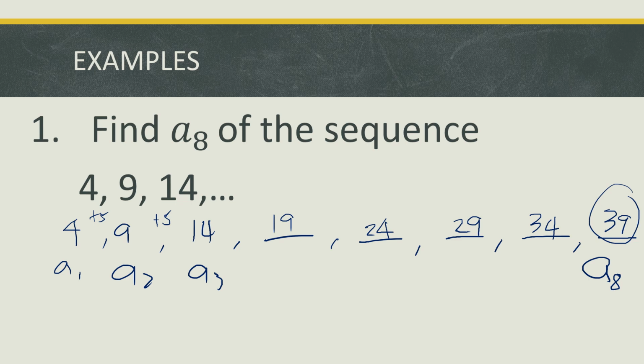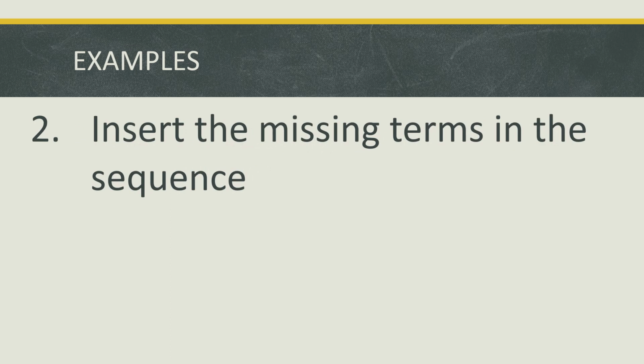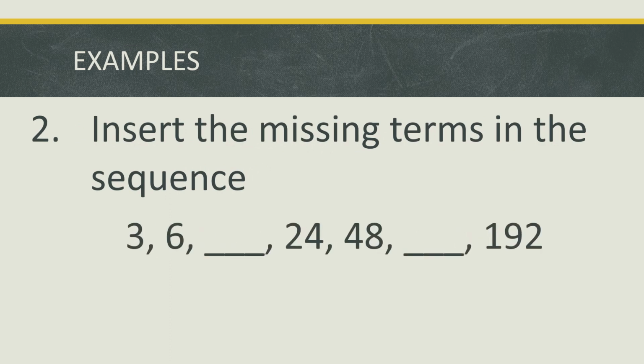Another question that you may encounter in terms of sequences: insert the missing terms in the sequence 3, 6, blank, 24, 48, blank, and then 192. So, to get the missing terms, we need to know the pattern. Let's check. 3 became 6.